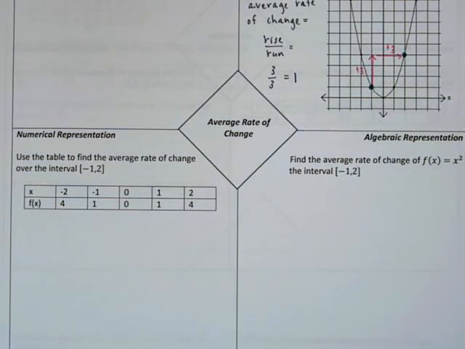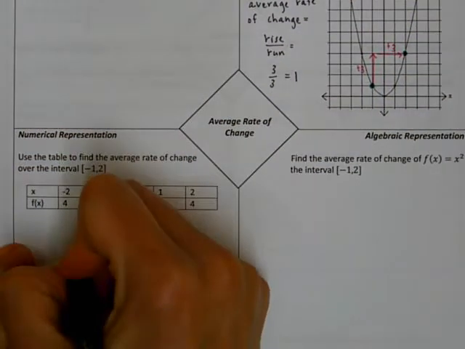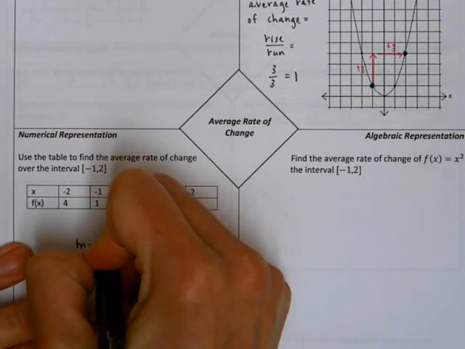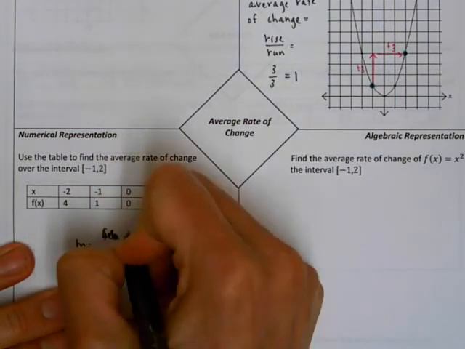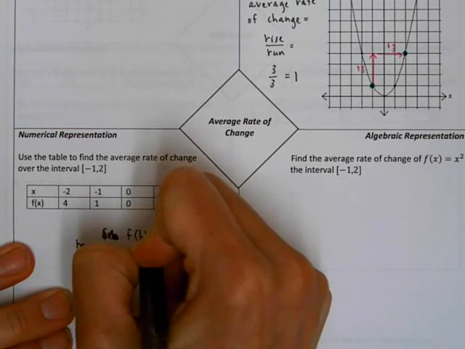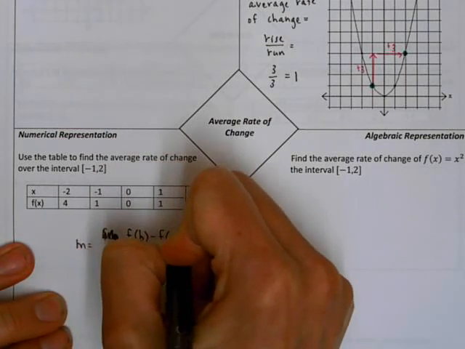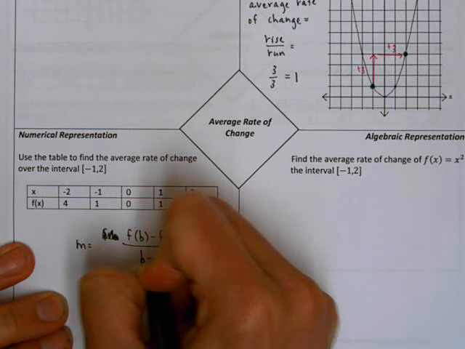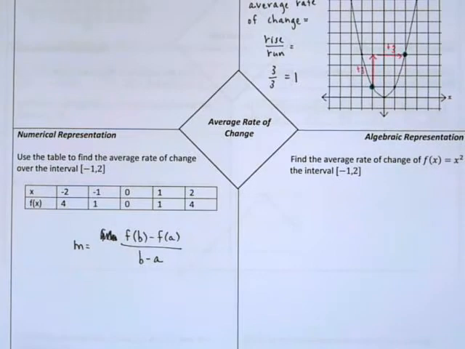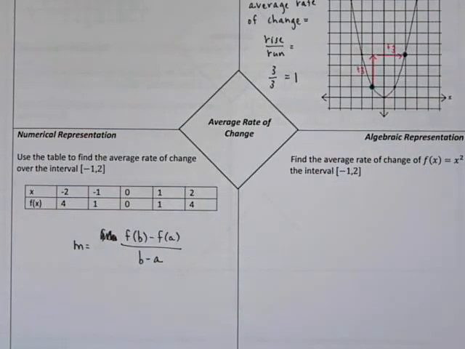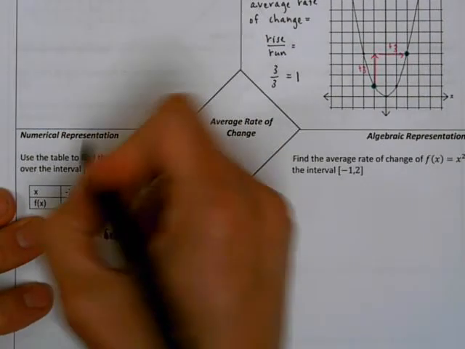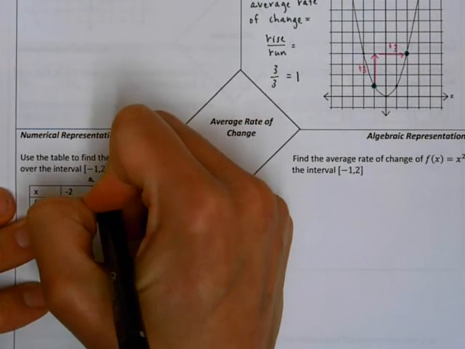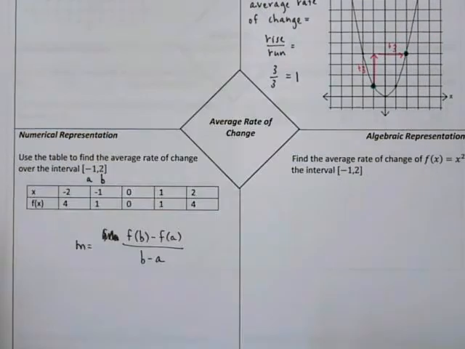Now, when we're finding the slope, we're going to write it as f of b minus f of a over b minus a. To get a and b, we're looking at our interval right here. So my -1 is my a, and my 2 is b.